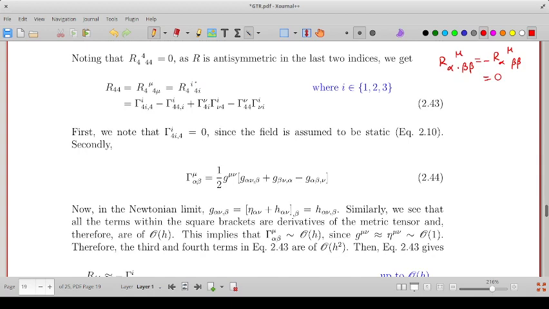Now explicitly writing the expression for the curvature tensor in terms of the Christoffel symbols and their derivatives, we get gamma I 4I comma 4 minus gamma I 4 comma I plus gamma nu 4I gamma I nu 4 minus gamma nu 44 gamma I nu I.